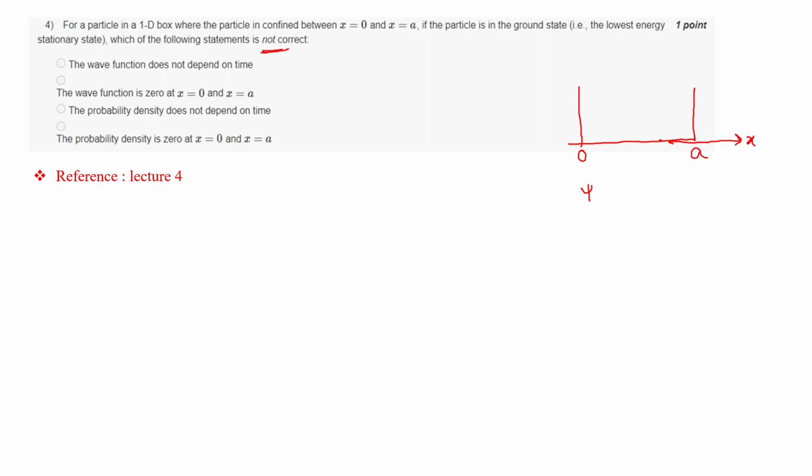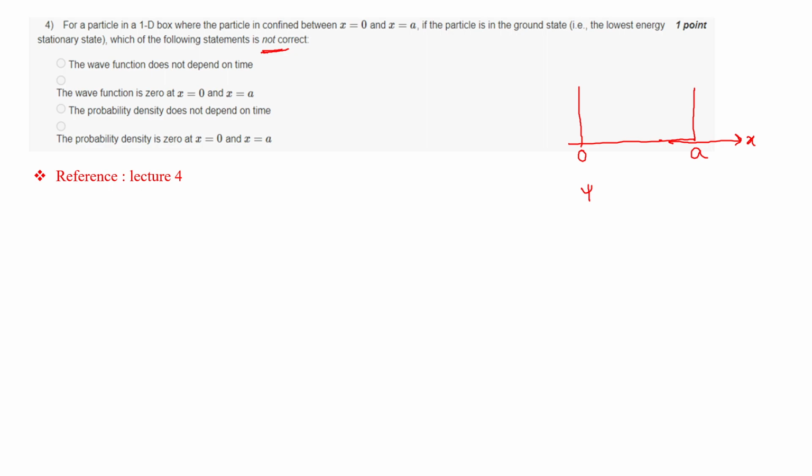Position and time. Psi is a function of x comma t. Yes, so the wave function will always depend on time.